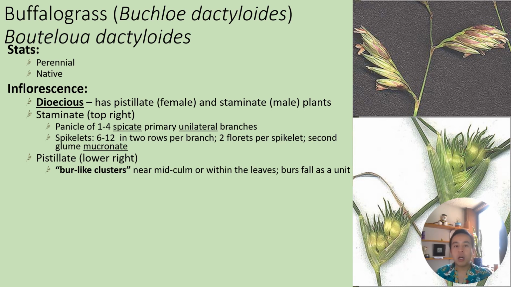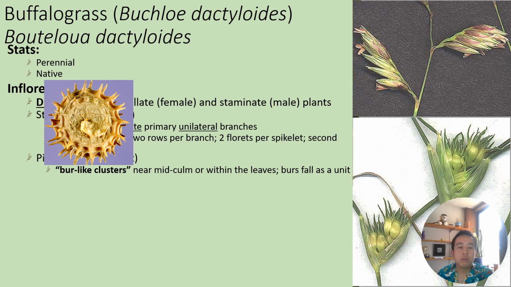The pistillates occur in what we call burr-like clusters near the middle of the mid-culm or within the leaves. And the burrs fall off as a unit in terms of dispersal. If you're unfamiliar with the term burr, this is essentially burr clover, and you can see it has these sharp points that come out of the end of this central unit, which is what we're calling burr-like.